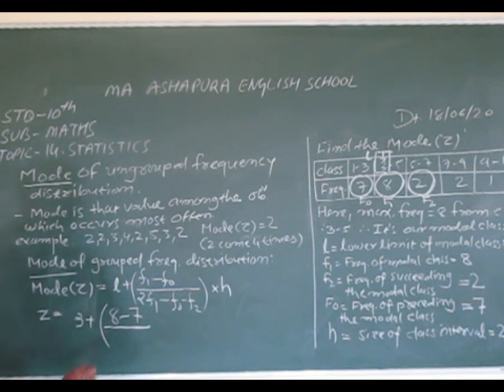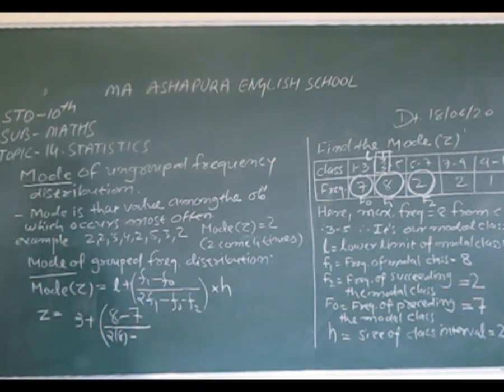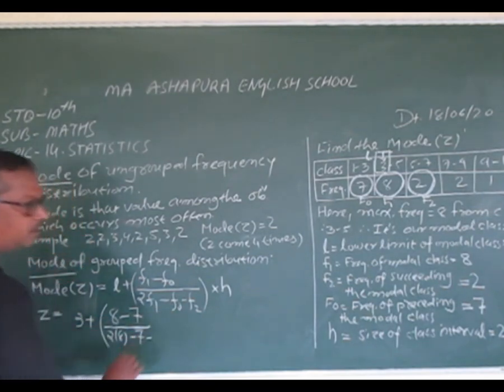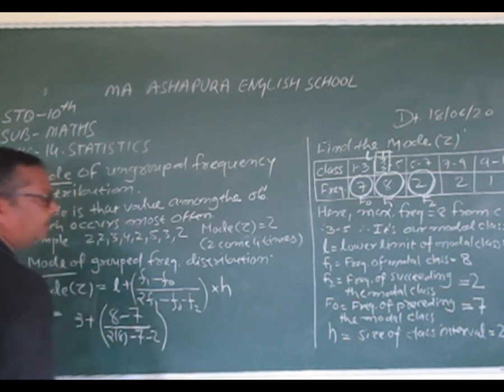F1 is equal to 8, so 2 multiplied by 8 minus F0 is equal to 7 minus F2 is equal to 2, multiplied by H means size.